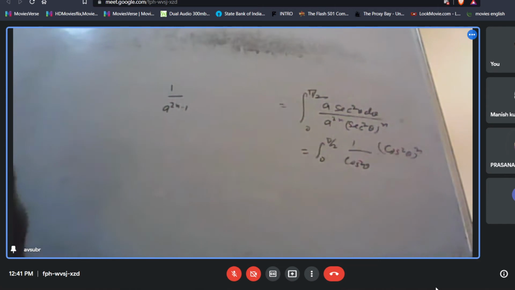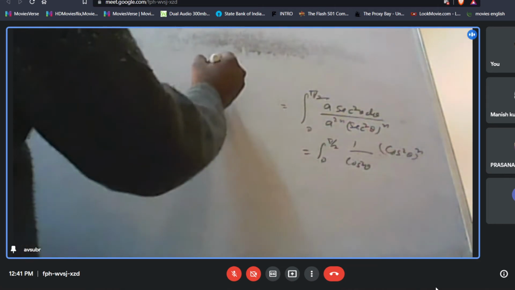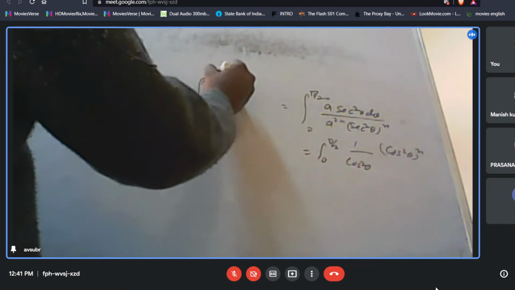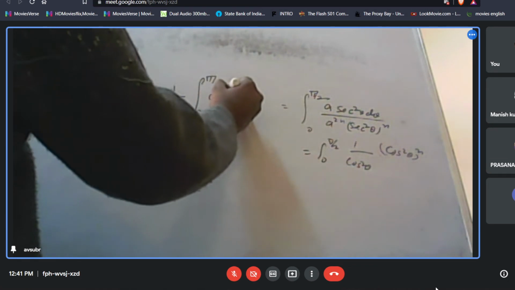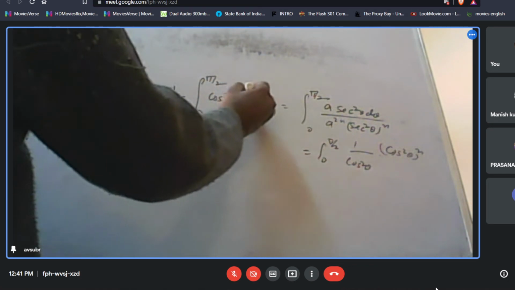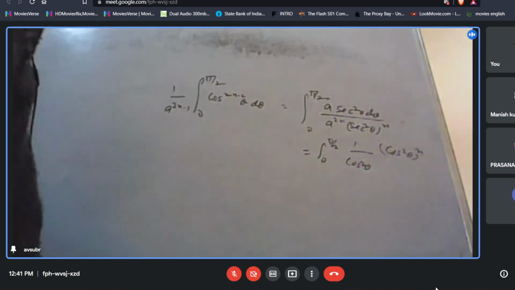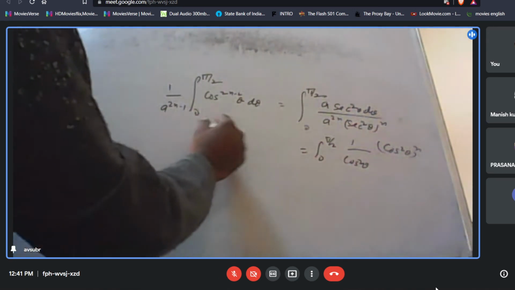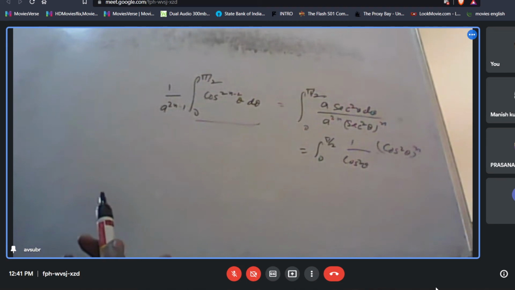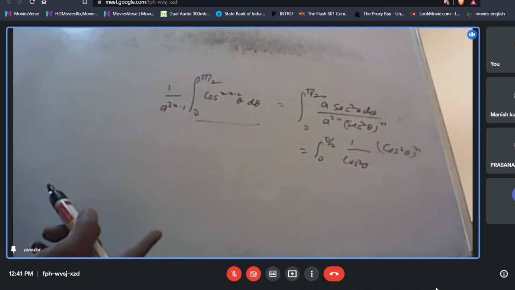So now once again it has come to the integral 0 to pi by 2 cos to the power 2n minus 2 theta. Has it been reduced to the Wallis formula? Because cos to the power n theta is also the same as sine to the power n theta d theta between 0 to pi by 2.